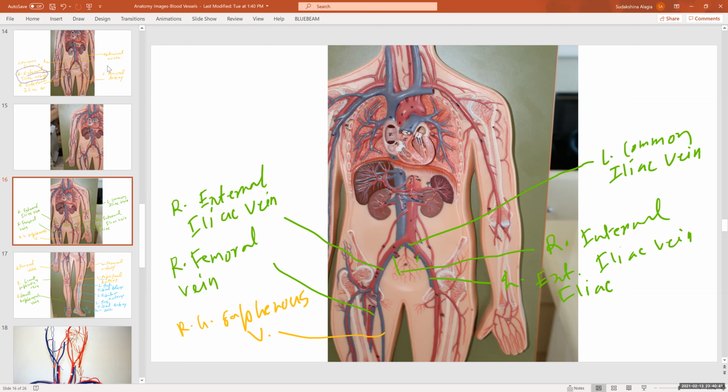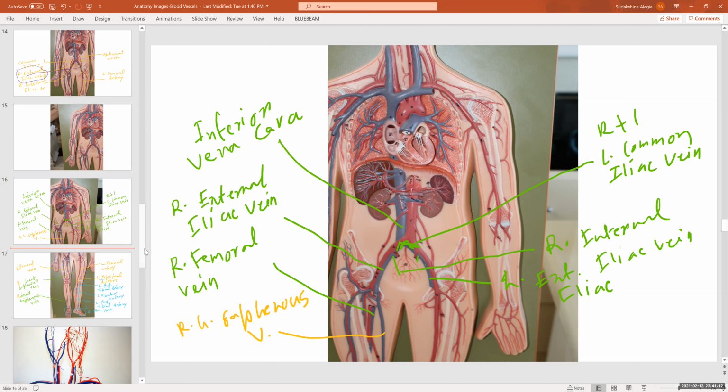Both common iliac veins, this and this two, right plus left, merge into inferior vena cava. That completes the names of the blood vessels for the lower extremity on this model.